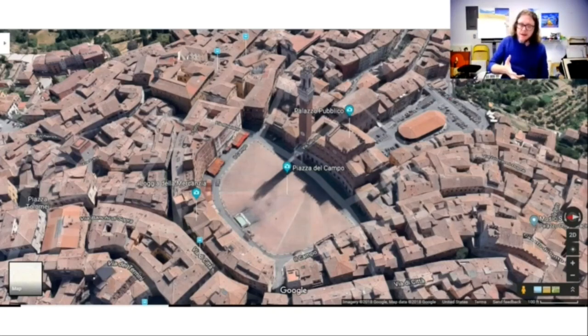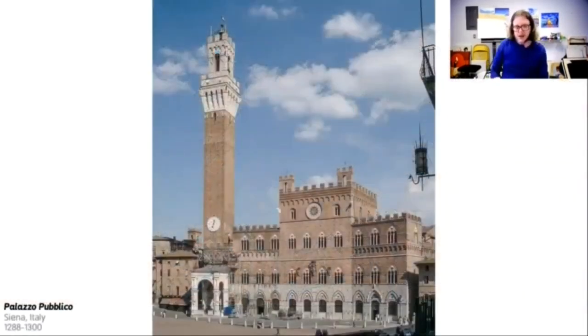That's a new idea, right? That suggests, in ways that we've not seen during most of the Middle Ages, that the people are the ones to be served here, right? Right, the people who are going to be standing in this area right here are the ones to whom the people who work here are responsible, right? Almost as much pride was taken in the city hall once it was built as the cathedral.